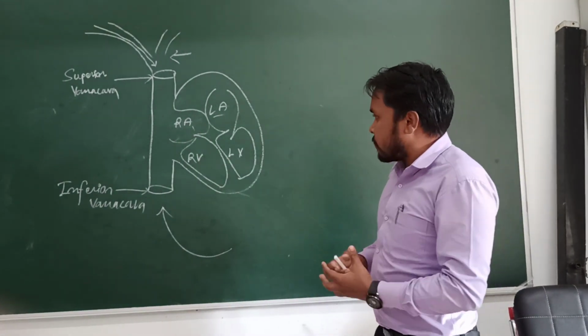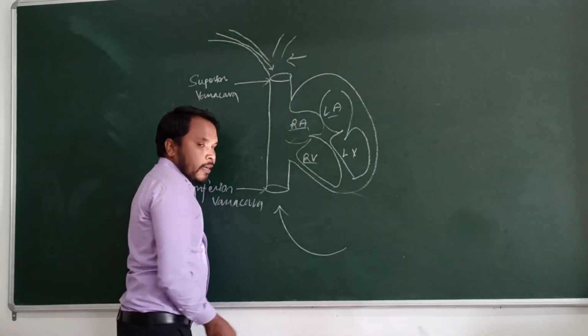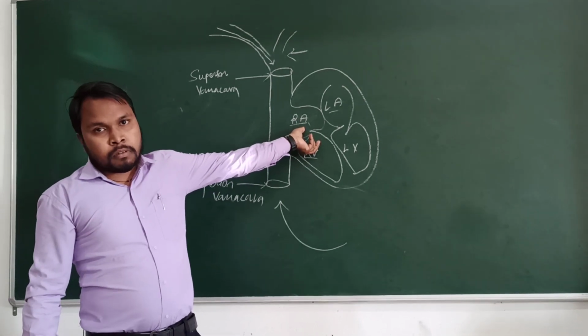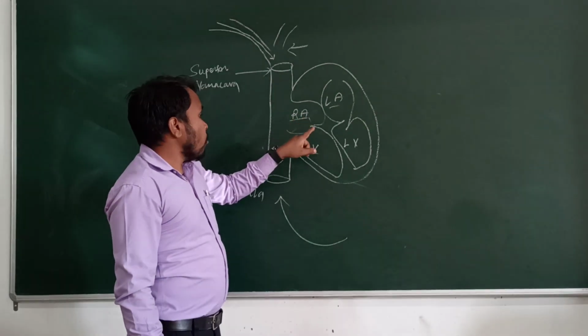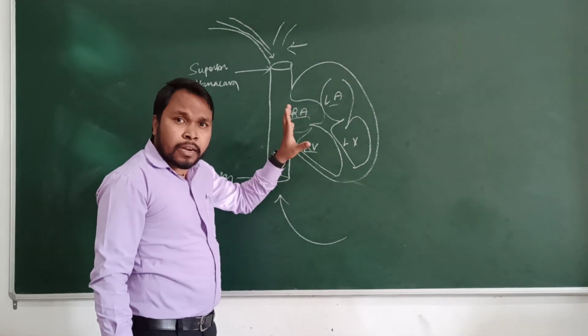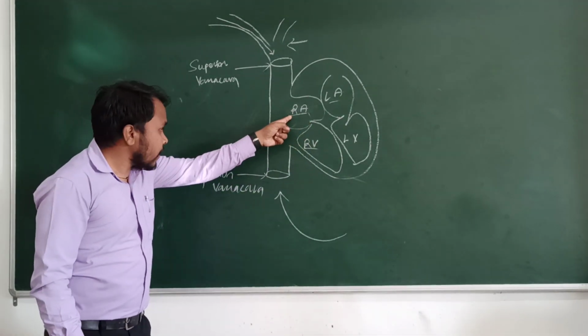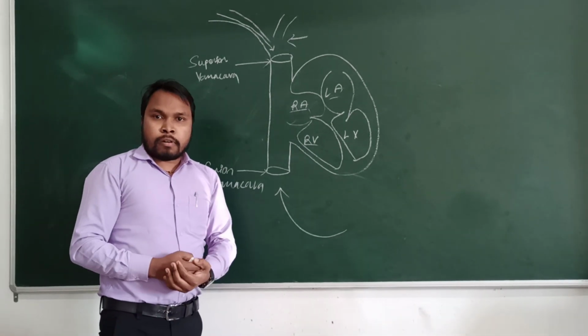This valve is the tricuspid valve, or we can say this valve is the auriculoventricular valve. Why is it called auriculoventricular? Because it is present between the auricle and ventricle. That's why this is the auriculoventricular valve.